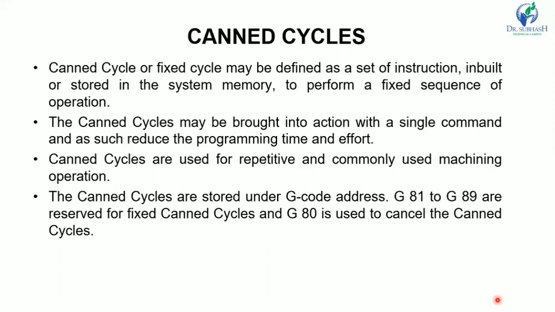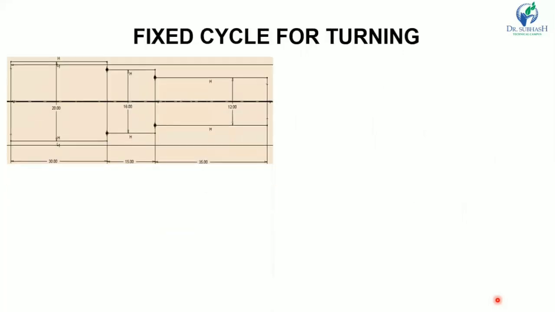So the fixed cycles for lathe operations are CAN cycle for turning, CAN cycle for threading, CAN cycle for rough turning, and CAN cycle for finish turning. Now let us understand the fixed cycle for turning by this example. This is the step turning process, and we have already prepared one program earlier. We have to make the diameter in 3 steps, that is 20 mm, 16 mm, and 12 mm diameters.